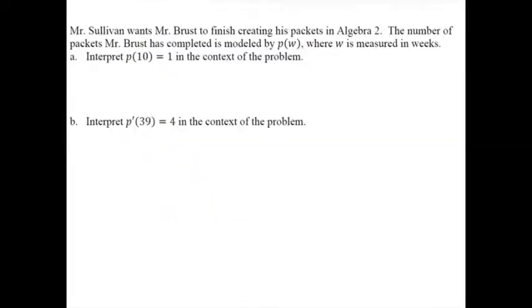Now here's Mr. Sullivan, and he wants Mr. Bruce to do something. The number of packets completed is modeled by P of W, where W is measured in weeks. So let's interpret P of 10. Now P of 10 is just a function value, so this is 10 weeks.